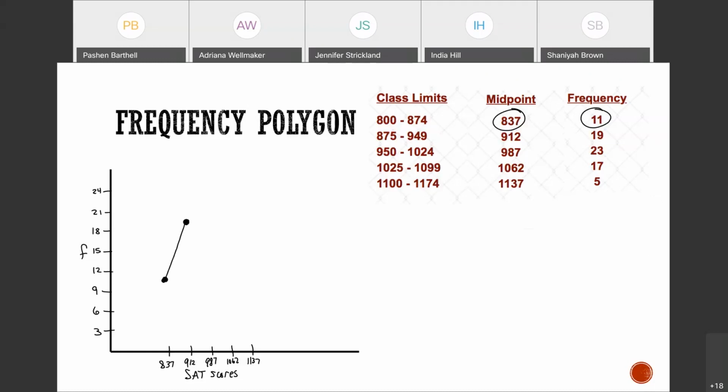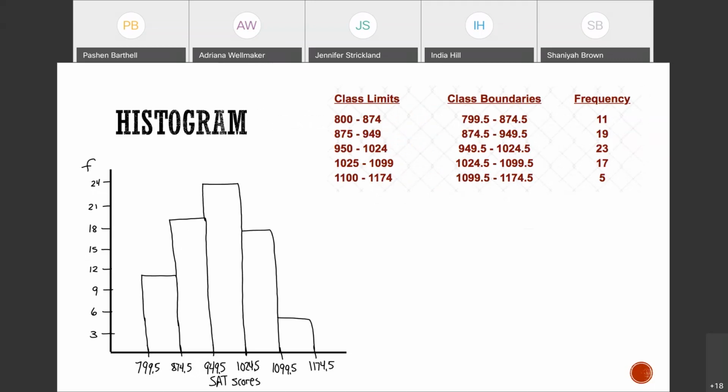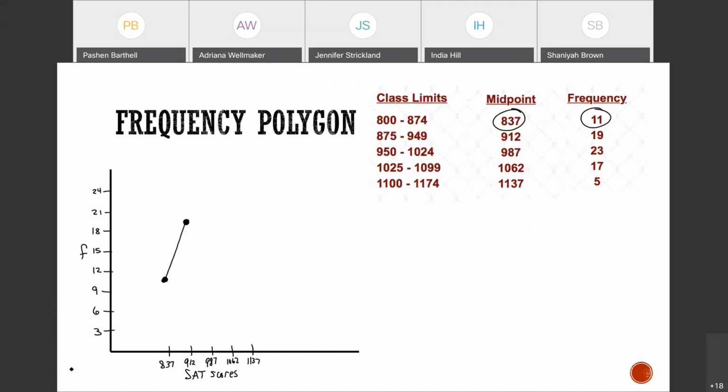So we'll connect as we go. The third one, we're going to be at 987 and up to 23.